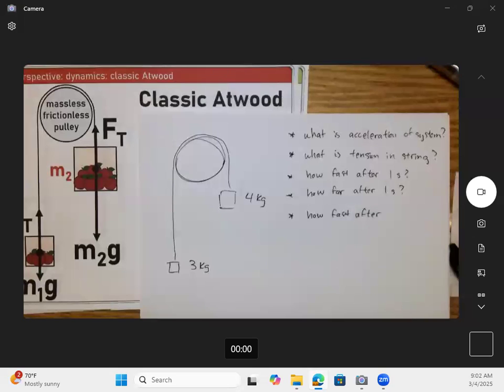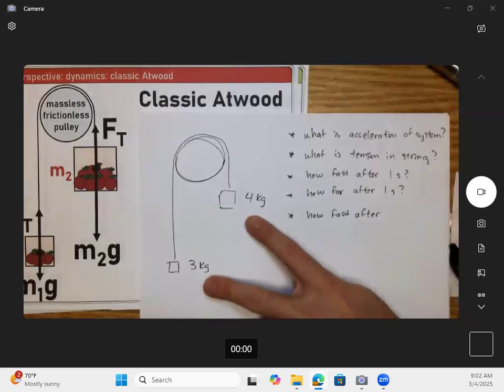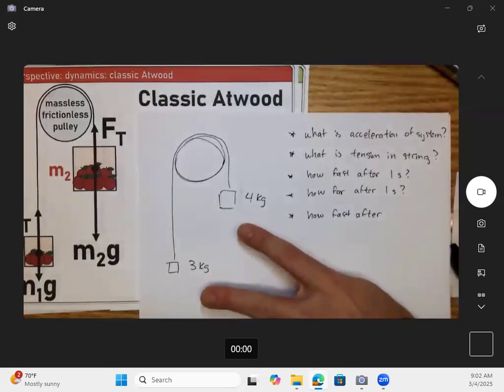What's the acceleration of the two blocks? Does anybody know the acceleration? What you got? I'm looking for a number because I gave you guys 3 kilograms versus 4 kilograms.